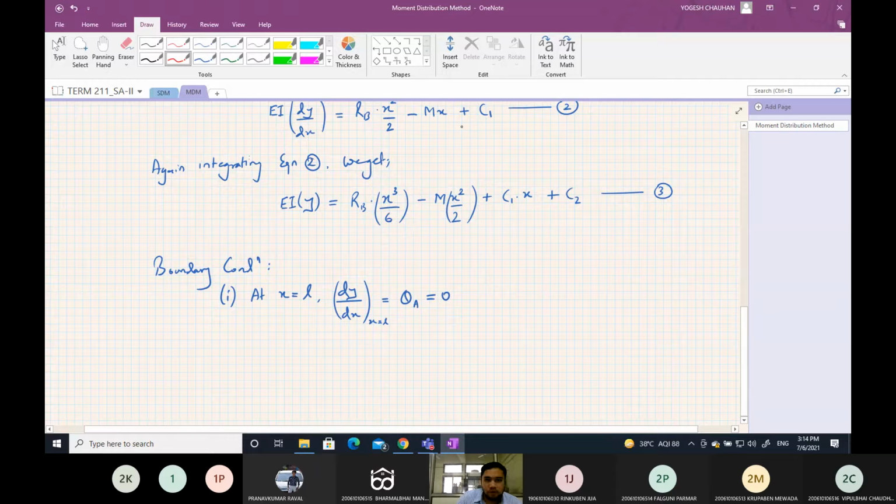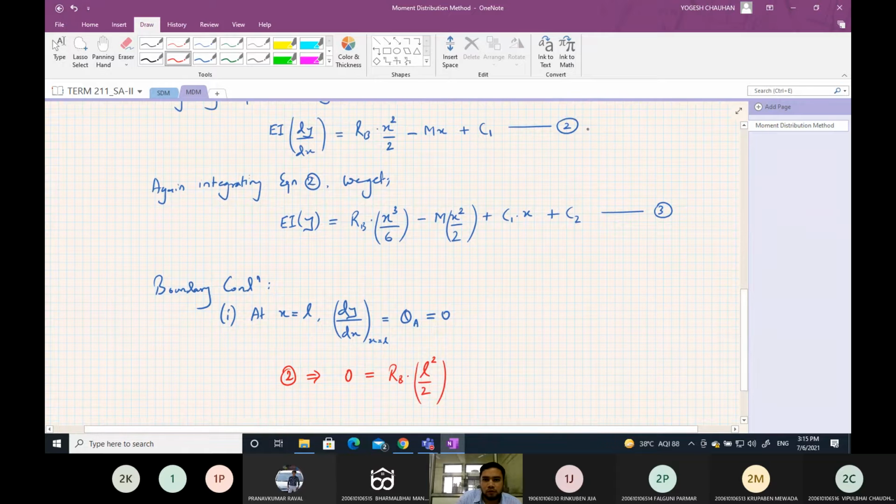So from equation number 2, EI into dy by dx, that will be equal to theta A, equals 0. So 0 equals to RB into x, meaning here L, L square by 2, minus M into L plus C1.